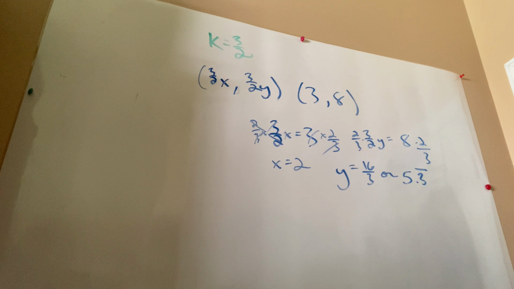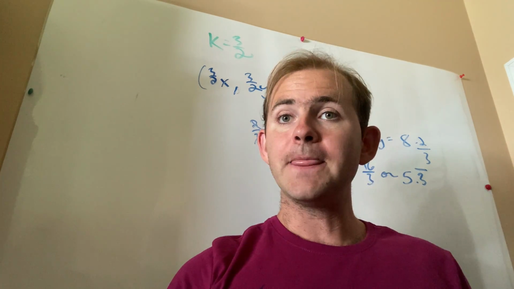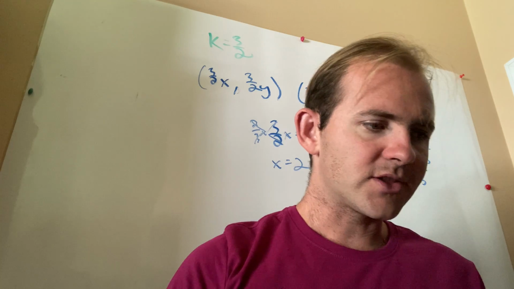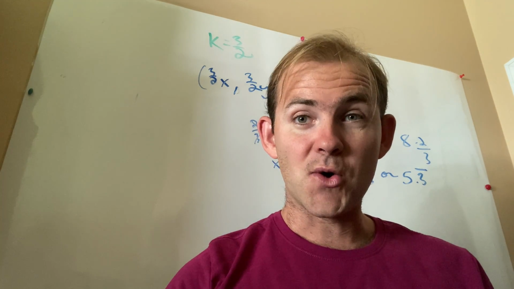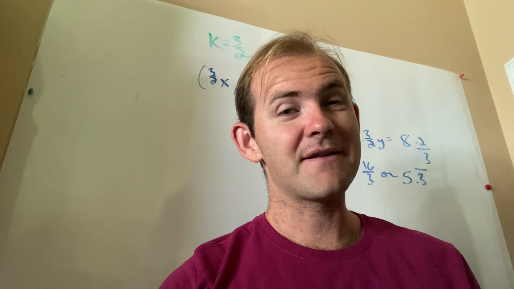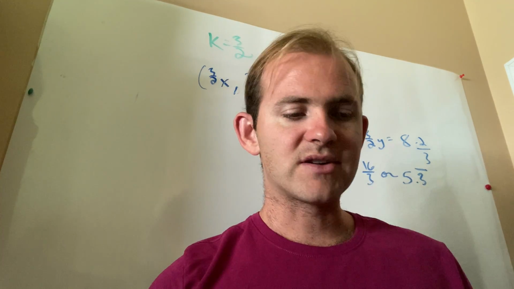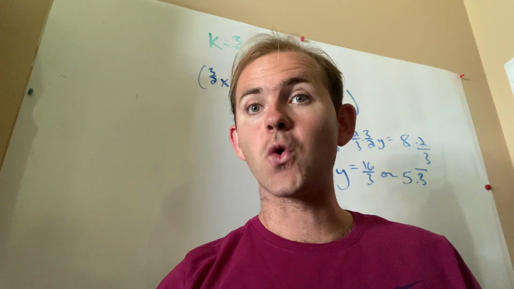What else? For example number 15, they're asking you to identify the scale factor just by looking at the graph. The easiest way to do this for now, when we have our center of dilation at 0, 0, is actually just to look at the change in coordinates.